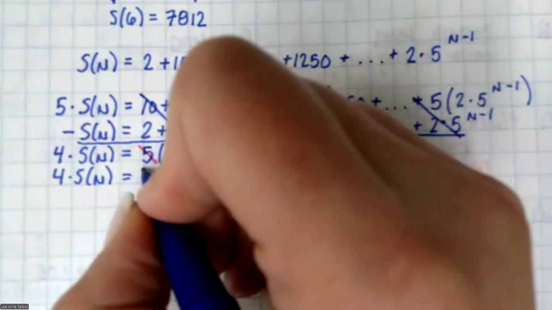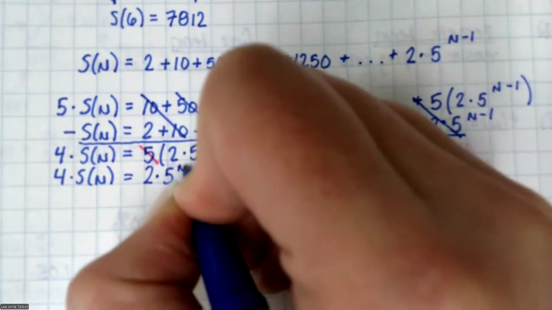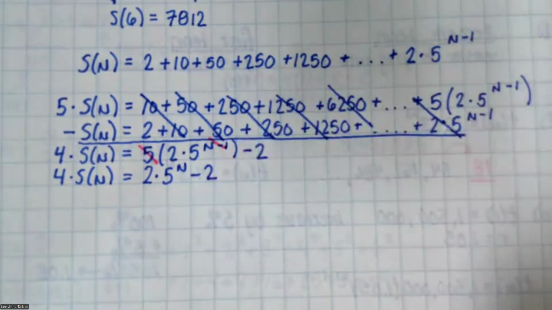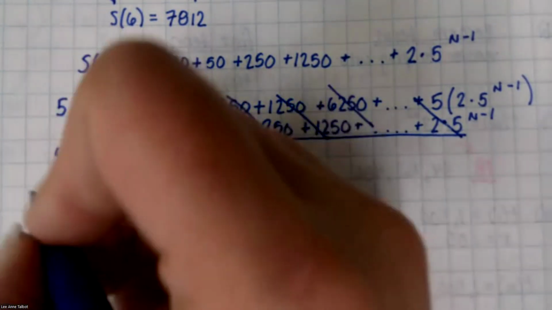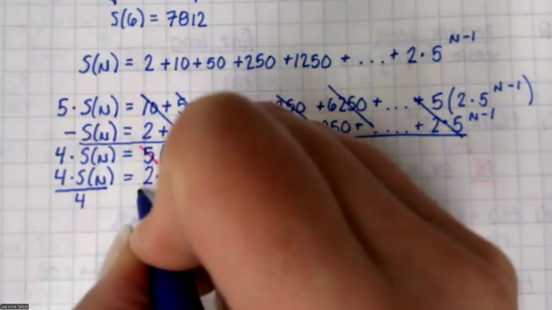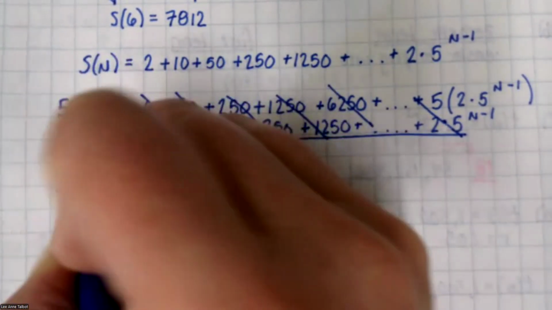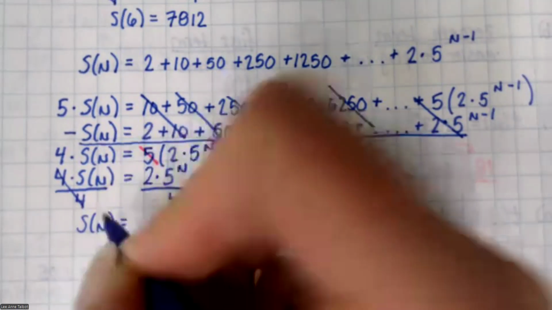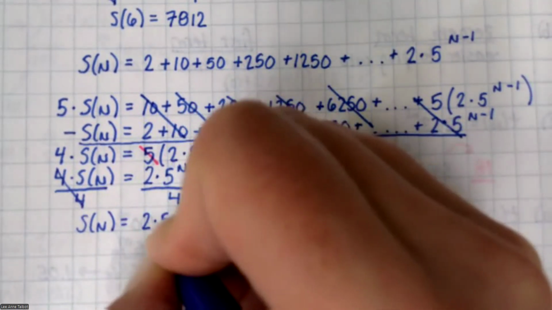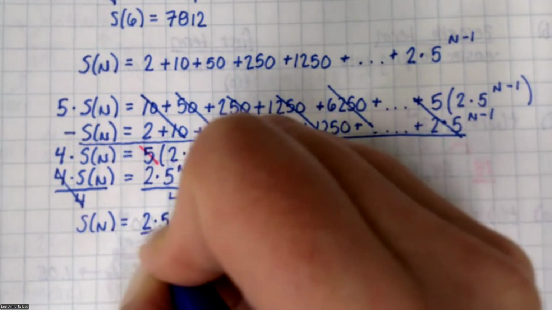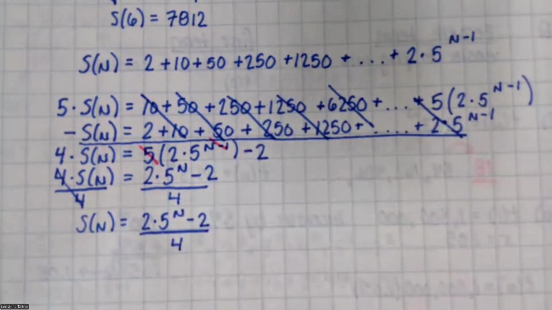This becomes 2 times 5 to the n minus 2. And then divide by 4.